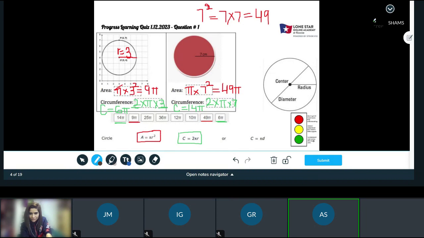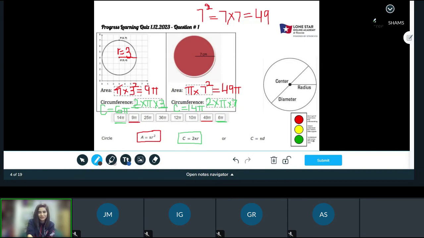And then on the 7 centimeter one, the area was 49 pi and the circumference was also 14 pi. There's no 2 of the 14 pi's. I think it is drag and drop. You can still drag the same number twice. Does it let you drag the same number twice? No, that's why I'm confused.